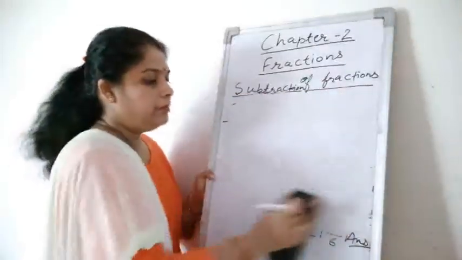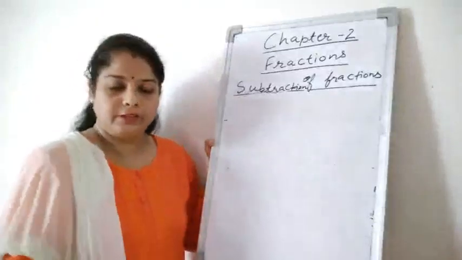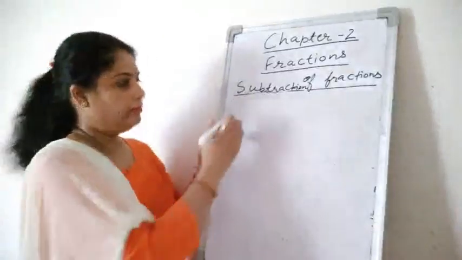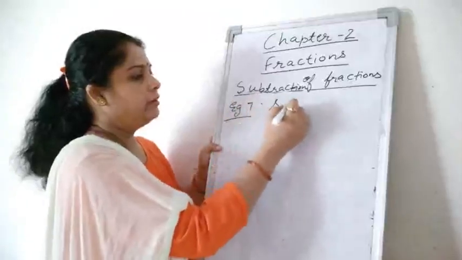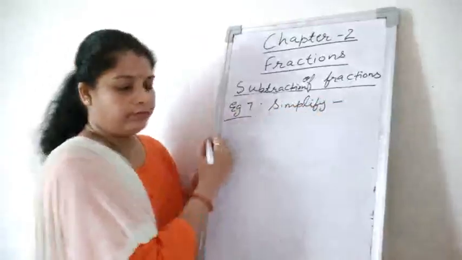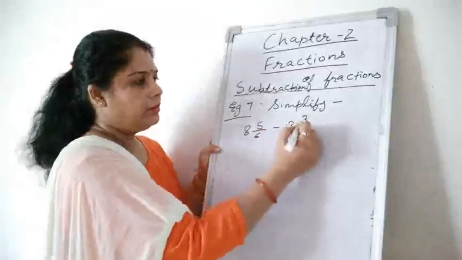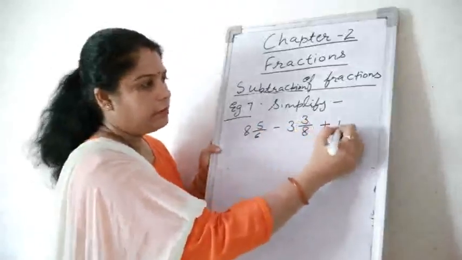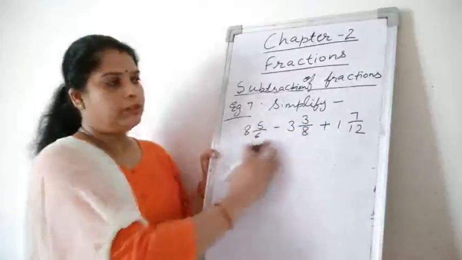Next example, in your exercise, one question is there, simplification. Simplify. Example number 7: 8 5/6 minus 3 3/8 plus 1 7/12. Now this is our question.